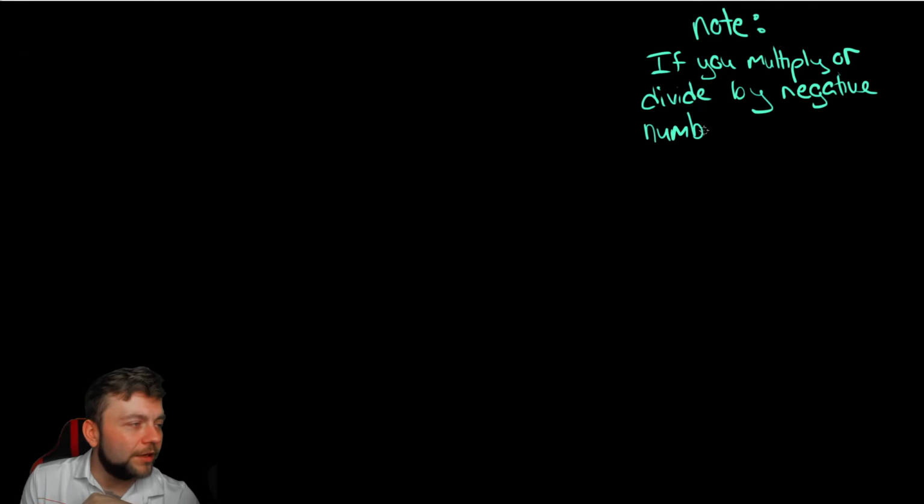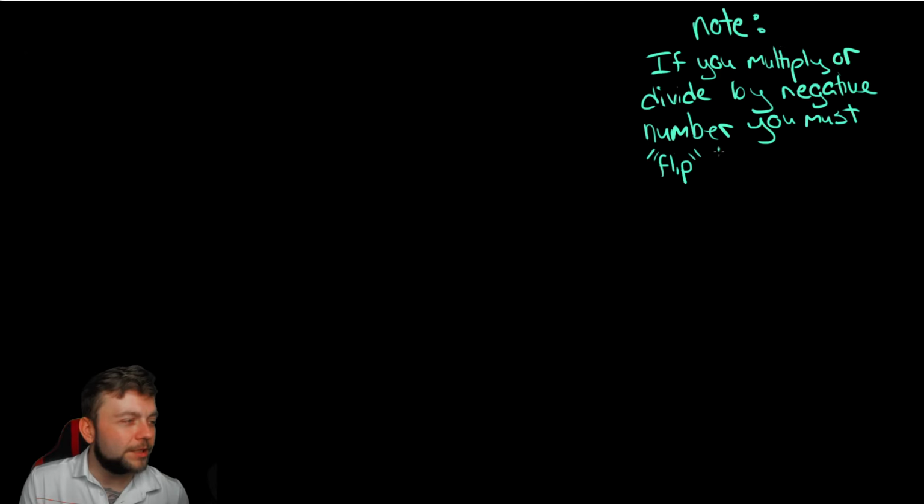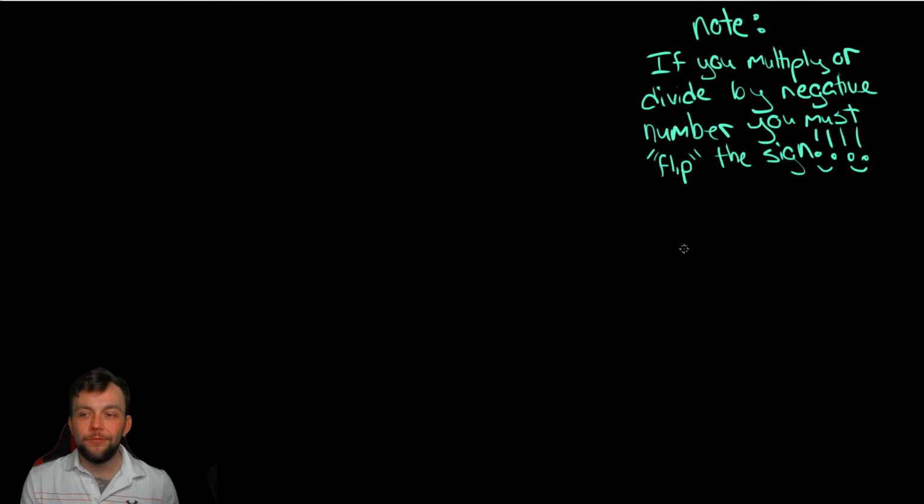If that's the only thing you remember with inequalities, you are doing a-okay. So by a negative number, you must flip the sign. Flip the sign. And a couple of exclamation points. There we go. Okay, so you must flip that sign.